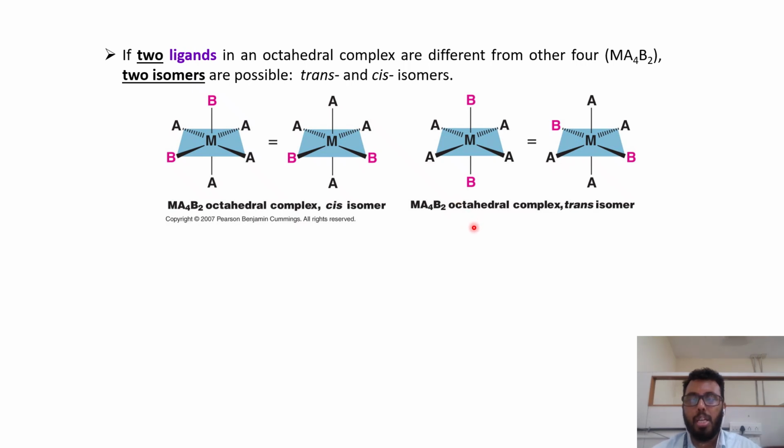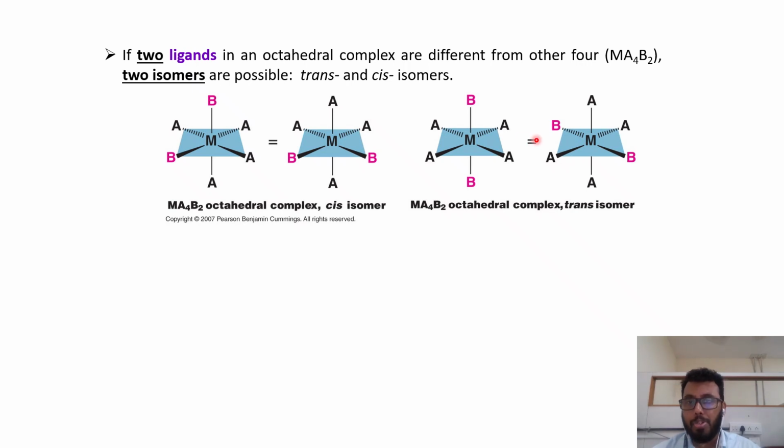And let's move on to the trans isomer. What is a trans isomer? As I said before, when the same ligands are present opposite to each other, it is a trans isomer. Look here in the square planar case, in the same plane four A atoms are present and the B atoms are present, one above the plane, the other below the plane. So they are opposite to each other in direction. So this complex is called the trans isomer.